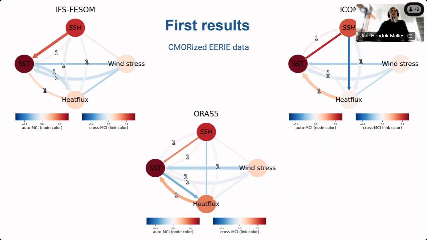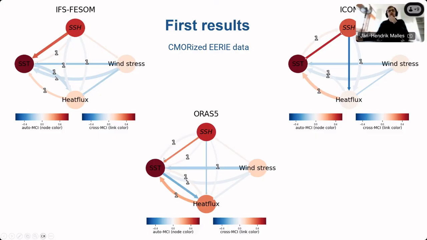So first, maybe let's look into the reanalysis data here. So this is ORAS-5. And what you see is, for example, I think I will only focus on the links that have some color at least, because these very vague ones here, I don't know. I mean, sometimes they might also be interesting, but let's look at the stronger ones first.